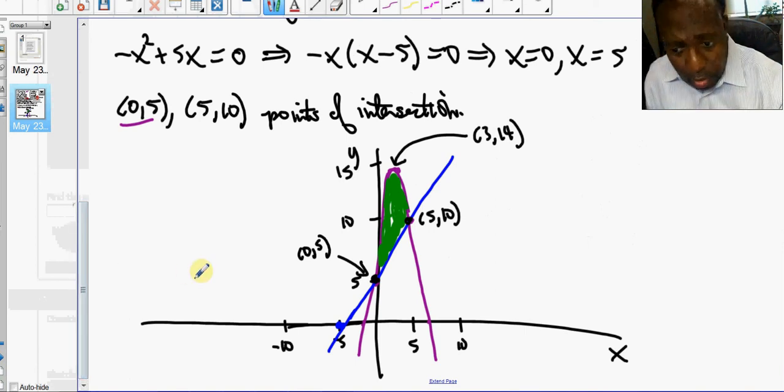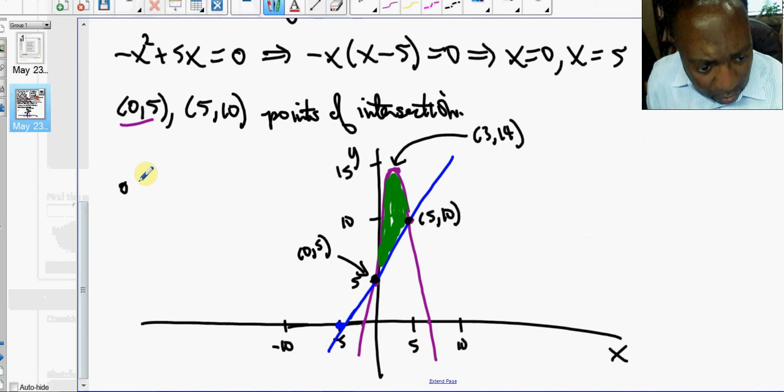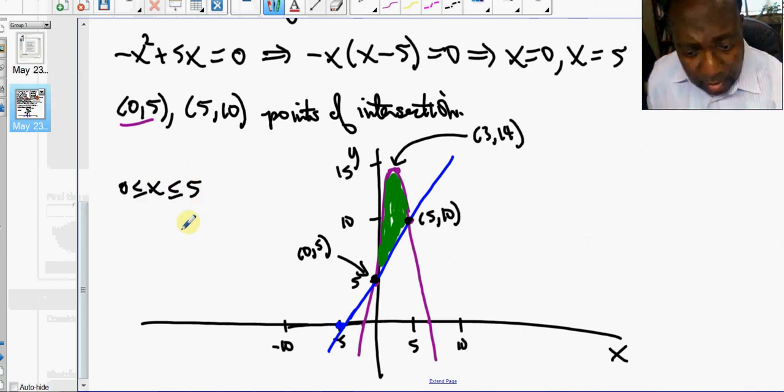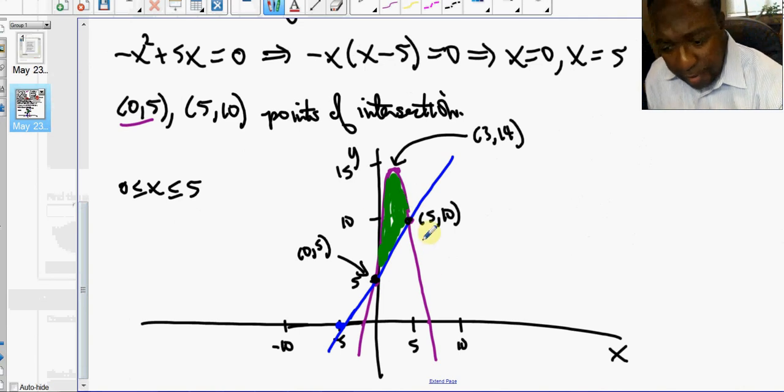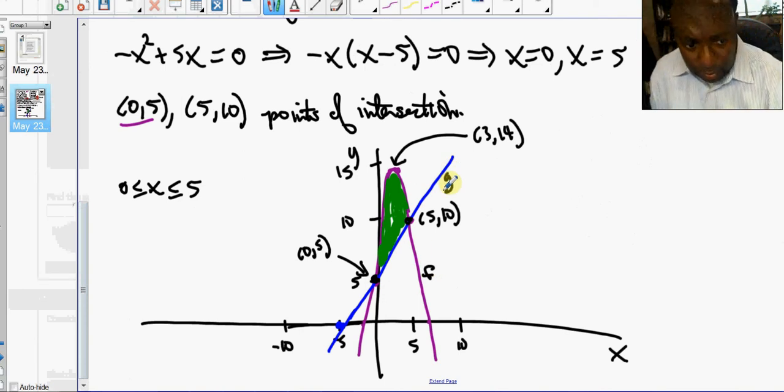So the region is bounded, this green area, from 0 to 5 based on the points of intersection. So we have 0 less than x less than 5. Now the graphs, if you notice here, f of x is above, and then this was g, then g is below.